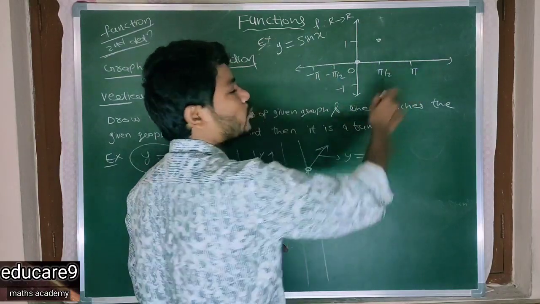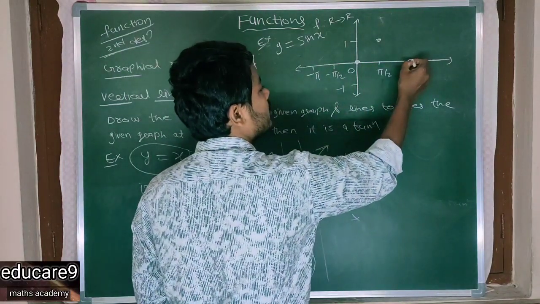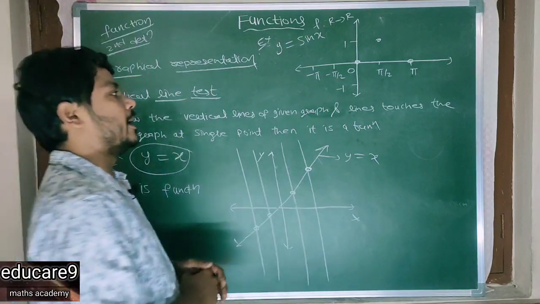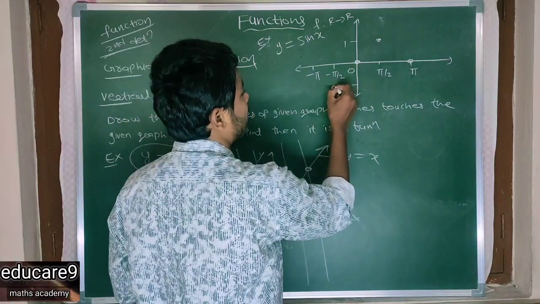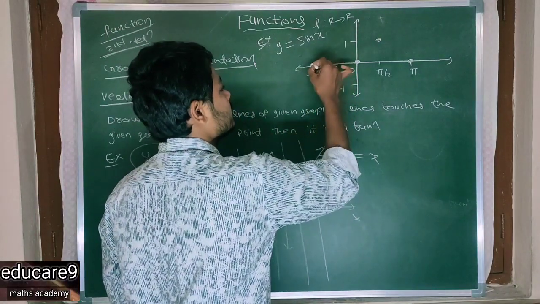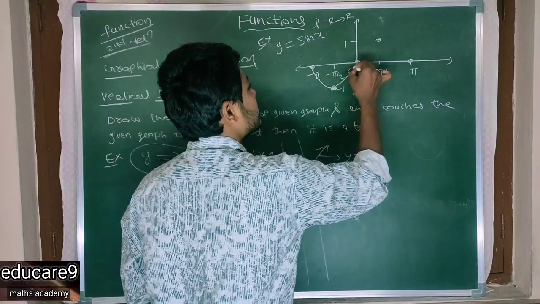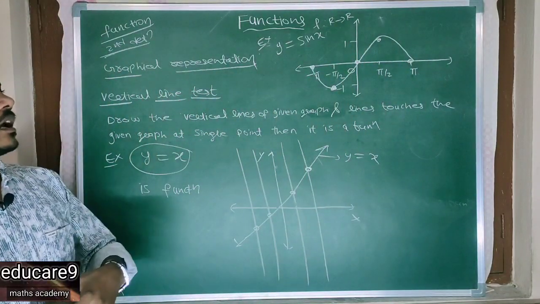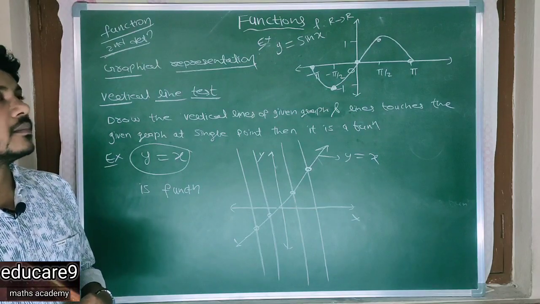At x is equal to pi, sin pi is 0. At x equal to minus pi by 2, sin of minus pi by 2 is minus 1. At x is equal to minus pi, it is 0. So join these points. This is the graph of sin x.